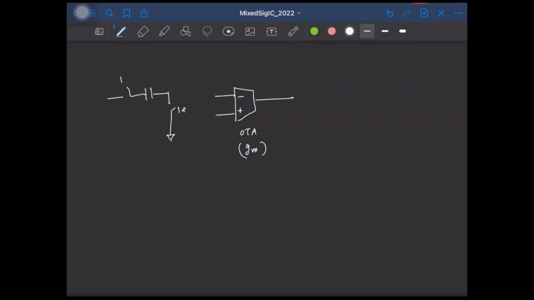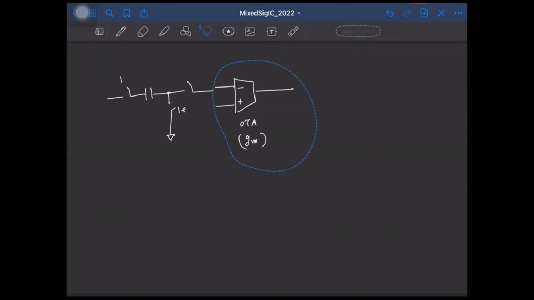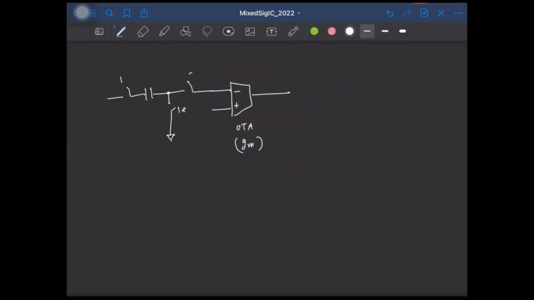This is during phase 1. And during phase 2, we connect it like this. Okay, so please notice that there is one important difference between using an OTA and an OpAmp, which is the following.